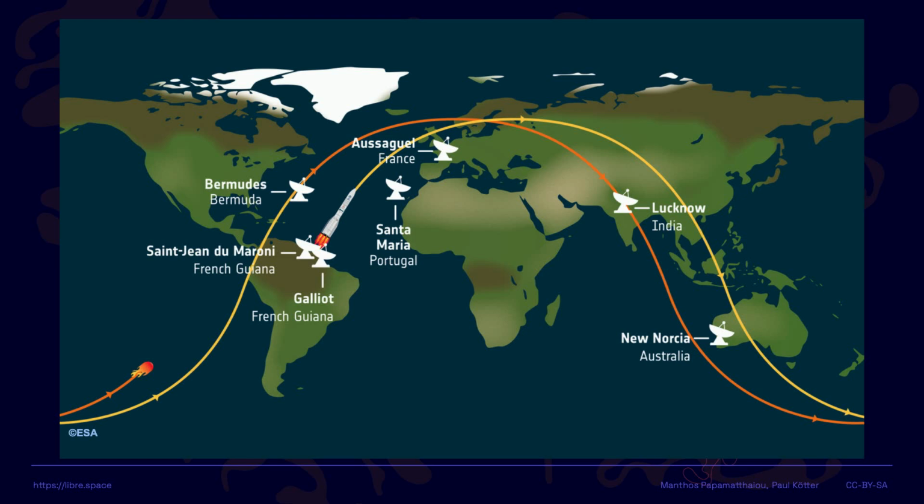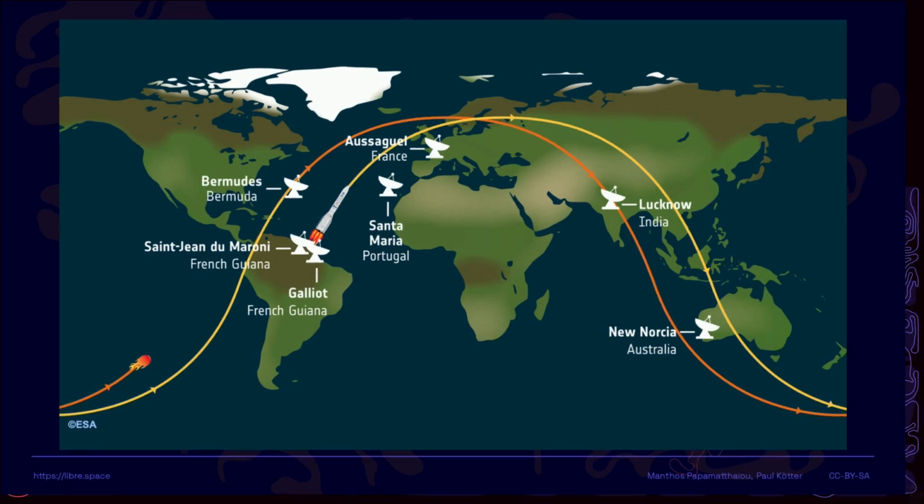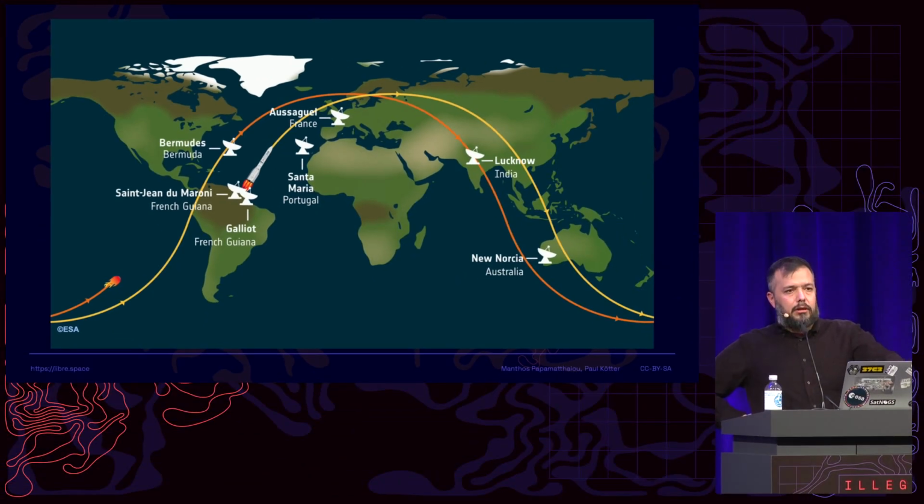So starting from Guyana, then passing over northern Europe, and then going down to Australia, and actually the satellites ejected over Australia, and our payloads started transmitting over Australia. Then we had another flight over South America, again Northern Europe, and then deorbiting at Point Nemo.